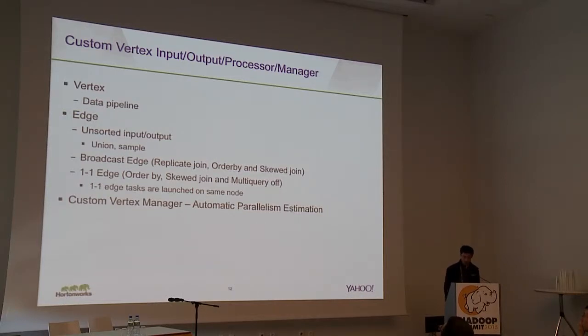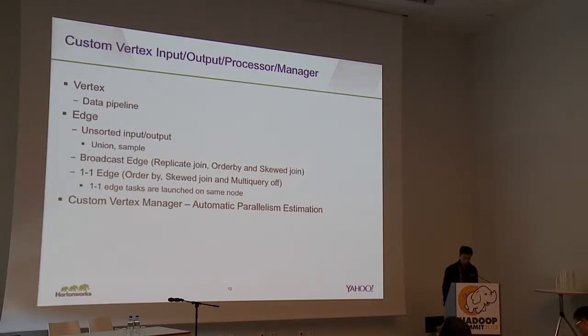Here, I will give you some examples. The vertex needs to be customized. That's obvious. The vertex is the place Pig runs the data pipeline. So we need to customize the vertex to process the data properly. And we need to customize the edge as well. Unlike MapReduce, which blindly partitions, shuffles, and sorts data between map and reduce, we can do more flexible customization in Tez.